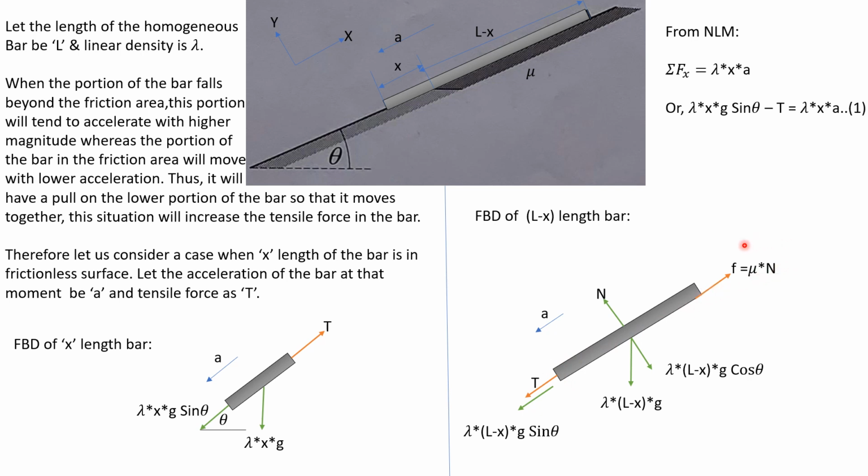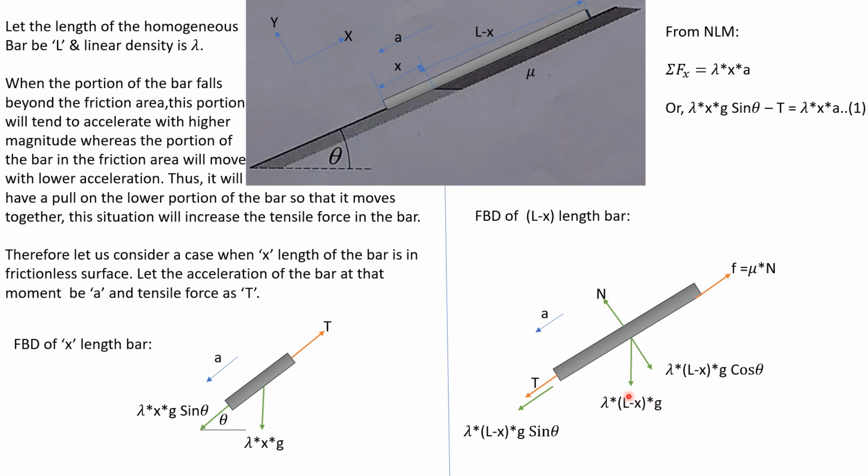Friction force we know is mu into N, the normal reaction. From Newton's third law, the tensile force acting on the x section will be acting in this direction on the L minus x section, right? So this is the tensile force, and the weight of it is lambda into L minus x into g, fine.